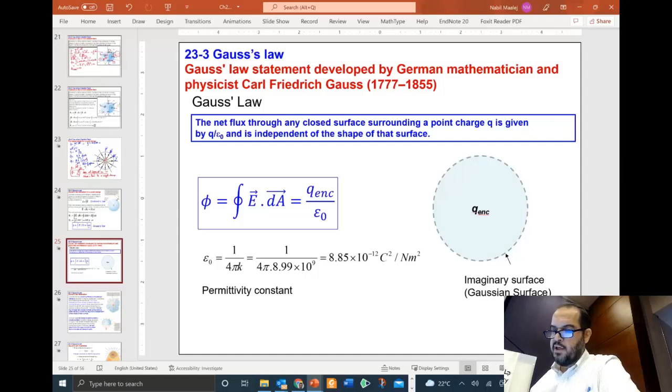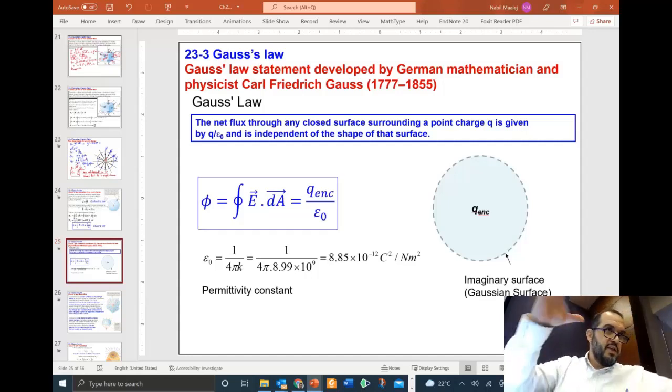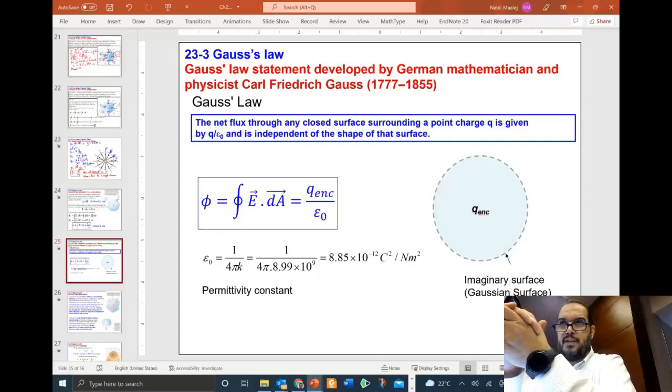He said the net flux through any closed surface surrounding a point charge Q is given by Q divided by epsilon 0 and is independent of the shape of the surface. This is the genius. Well, we have shown it for a point charge where the surface is spherical. If you like math, try to prove it for any shape.